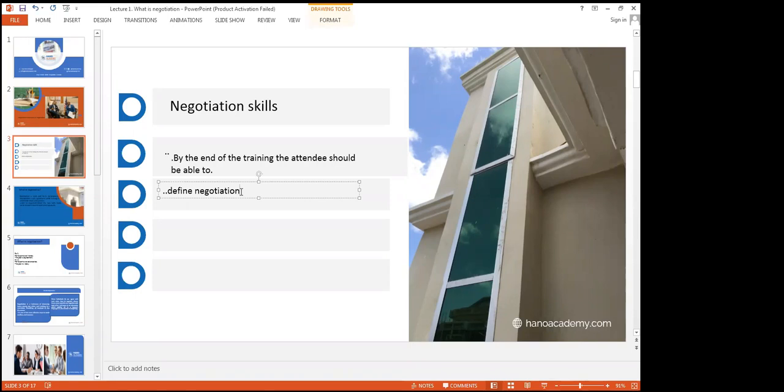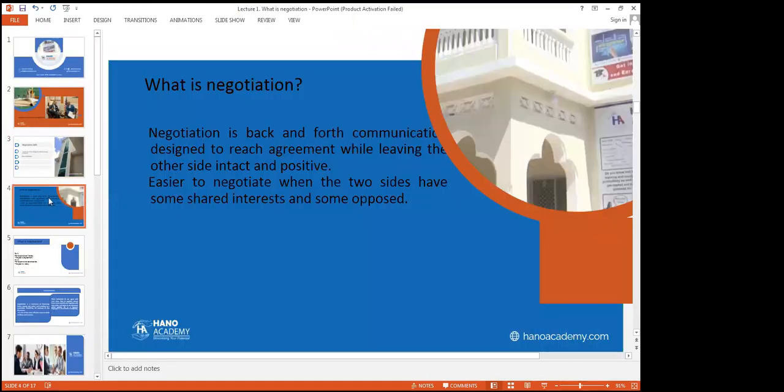Then you are also going to explain the types of negotiation and how these types are applicable to our day-to-day life. But let's begin with the definition of the term negotiation and see what it talks about.